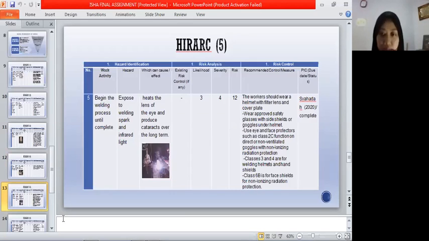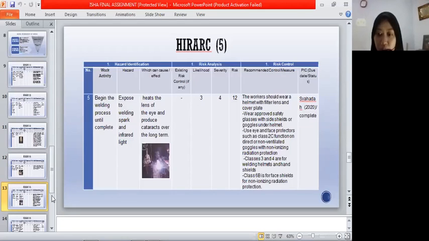The likelihood is 3, severity is 4, and risk is 12, which is high. The recommended control measure is that the worker should wear a helmet with filter lens and cover plate, and also wear approved safety glasses with side shields or goggles under the helmet. They should also use eye and face protectors. Each class of eye and face protectors is designed for a specific use.